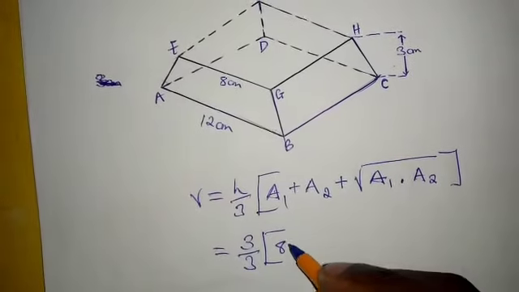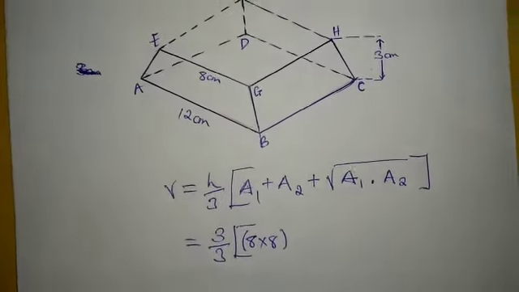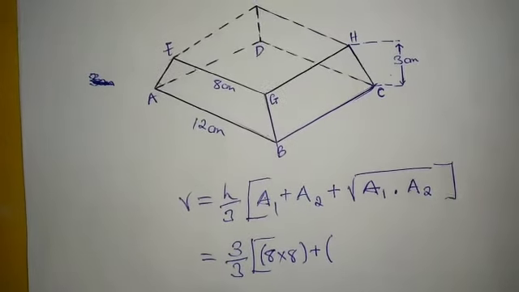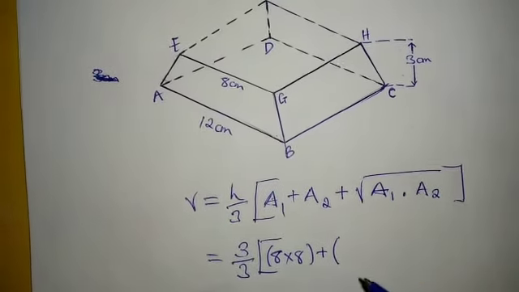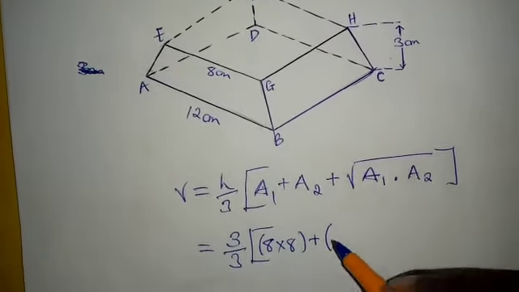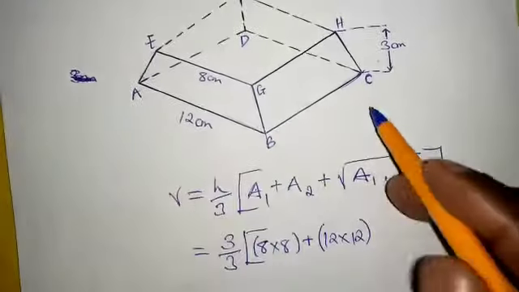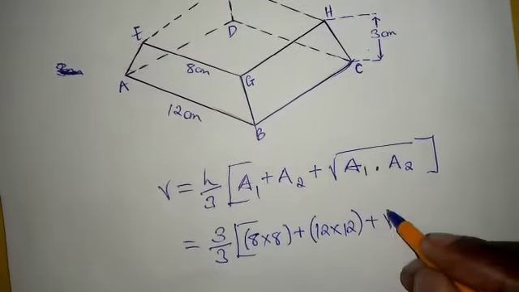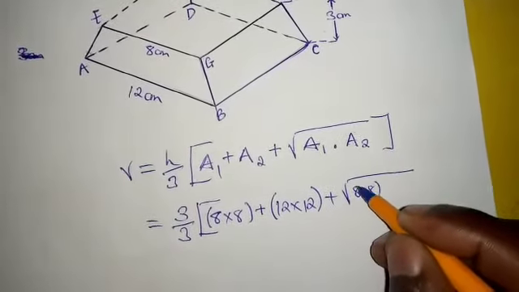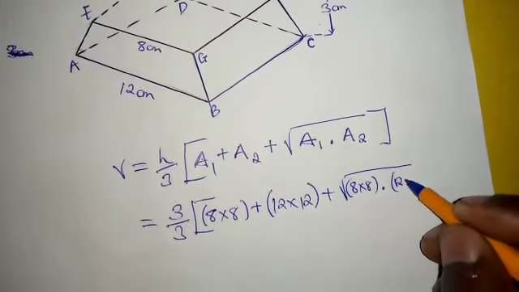It's 8 by 8, and that will give us the area of the upper base, plus 12 by 12, that will give us the area of the lower base, plus the root. So we'll have 8 by 8, 12 by 12.